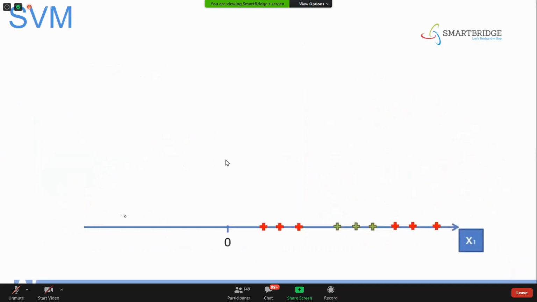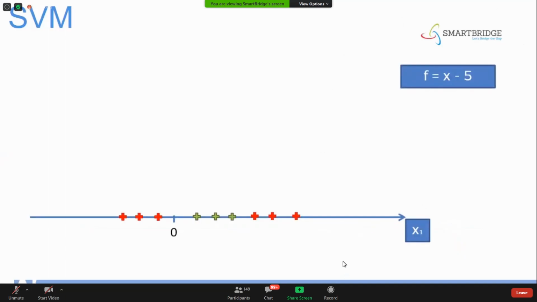Now, let's suppose I take a single dimension. Here I have all the points like this, red points and green points. Now I cannot linearly separate it. Yes or no? So what I do, I make use of some function f equal to x minus y. It's a random function, guys, some sort of mathematical functionality I'm considering.